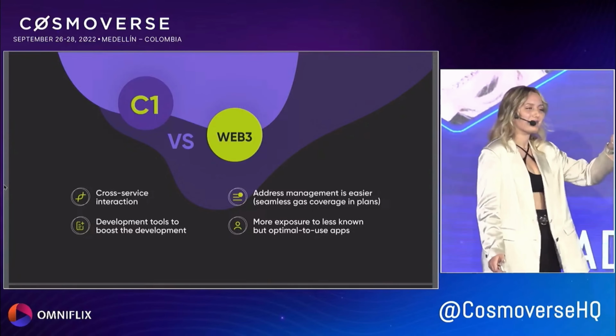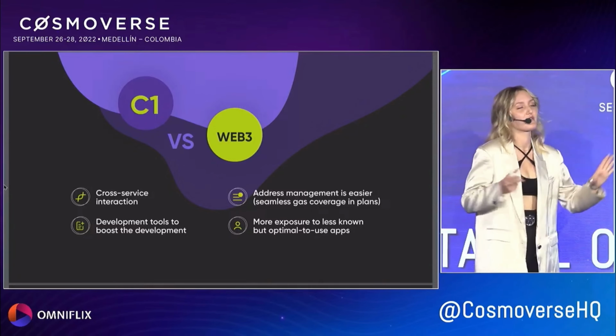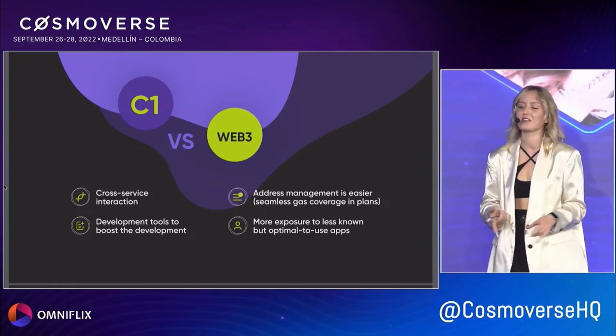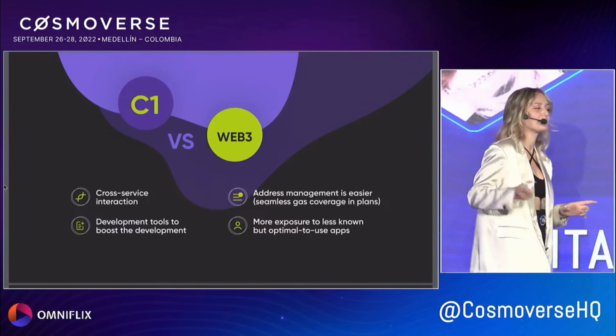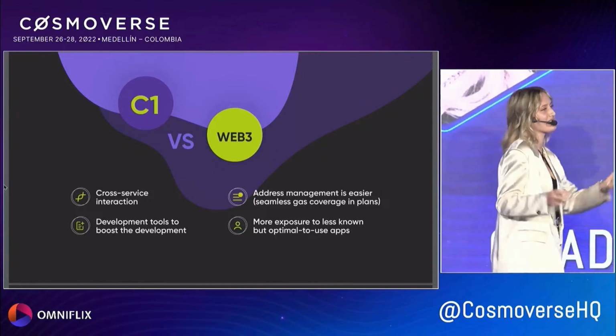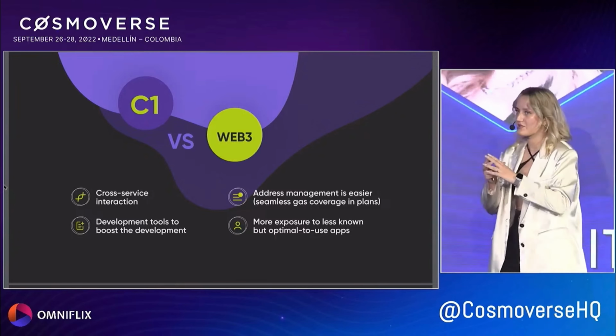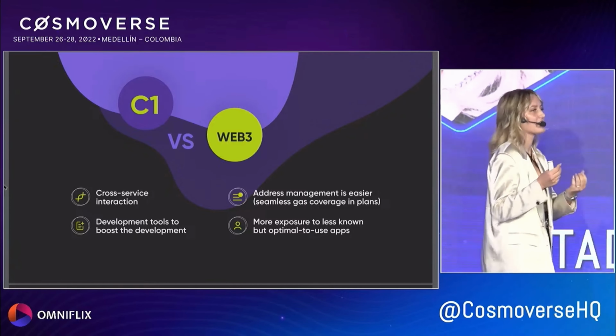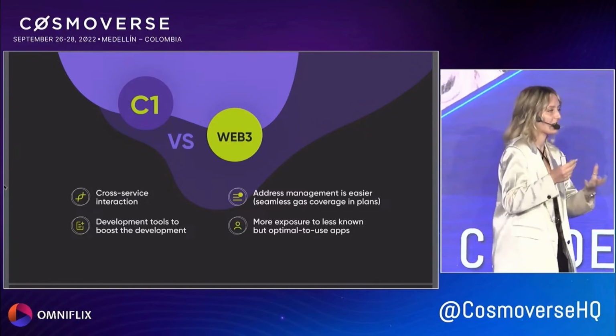Yeah, so Citadel.one versus Web3 sounds hard, okay? But anyways, we'll be able to provide opportunity for developers to deal with cross-service interaction. We'll be providing development tools, documentation support and everything. Also easy address management both for the developers so that they don't have to build this logic, and for users to actually interact with their portfolio very easily.